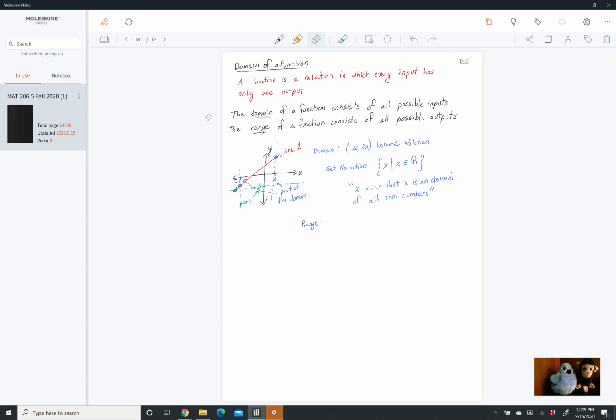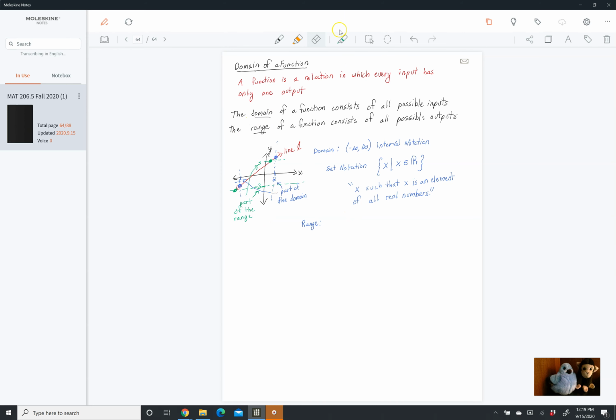So our y values are the range. Okay, if we took y equals 3 up here, then it would be the same thing. That would also be part of the range because we do hit the graph. Okay, so we're drawing horizontal lines instead of vertical lines.